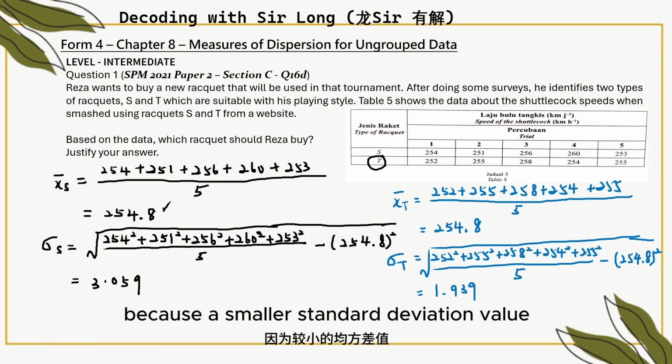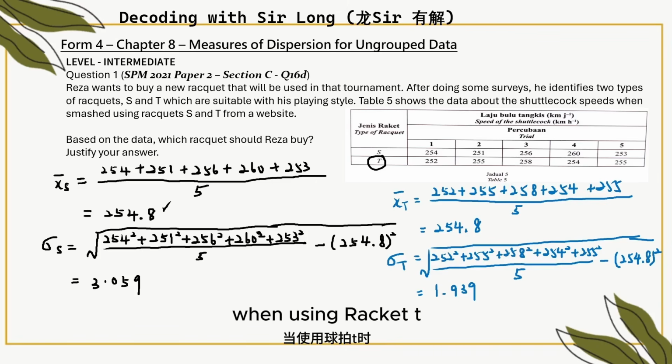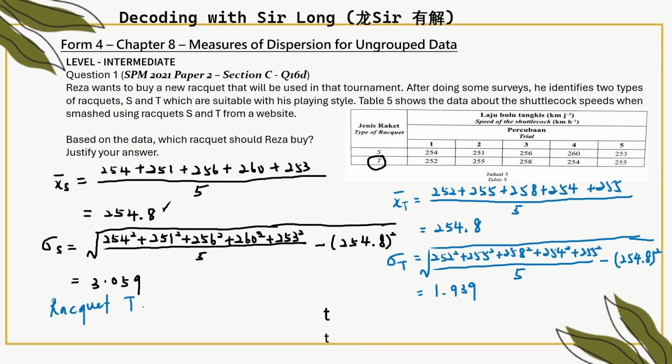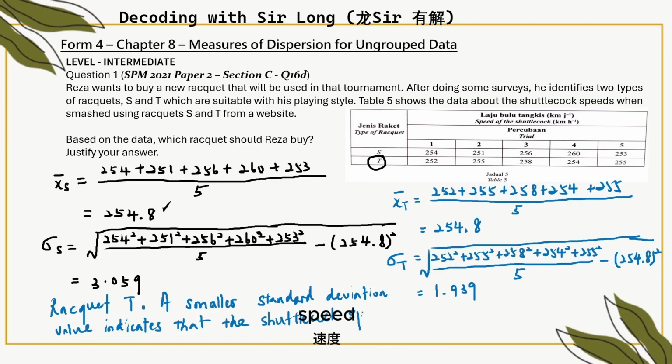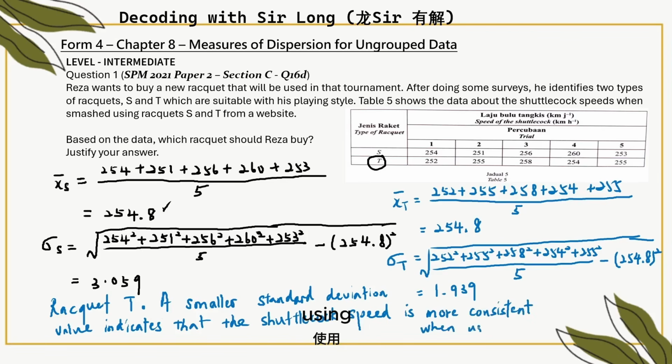Because a smaller standard deviation value indicates that the shuttlecock speed is more consistent when using racket T. How to write it? Racket T, a smaller standard deviation value indicates that the shuttlecock speed is, the keyword is, more consistent. In other words, more stable, more steady when using racket T.